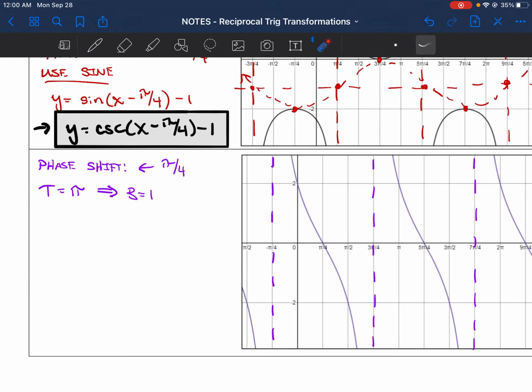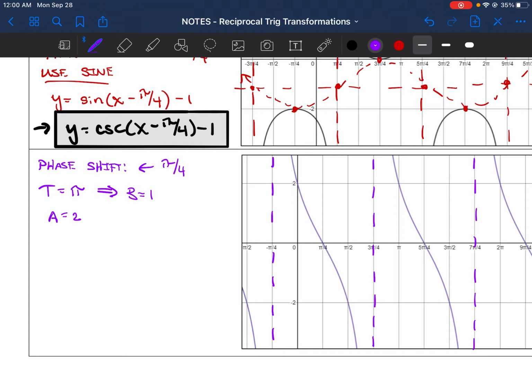If we look at the a term, notice that in between each of the asymptotes is that point in the middle. And if you look at the point in the middle of the asymptotes, it's been stretched up to 2. So the a term, which is not an amplitude but more of a vertical stretch, is 2. So our a term is 2. And that seems to be all that's been transformed here.